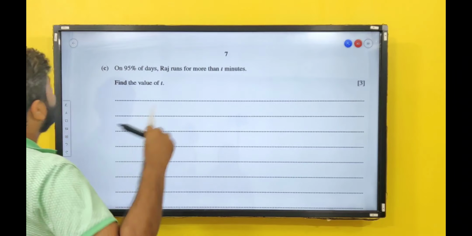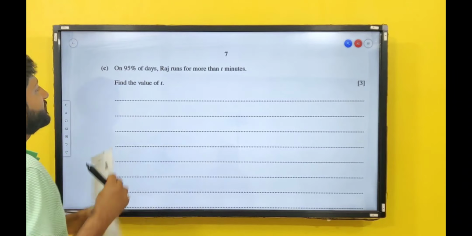Let's move to the next part of the question. On 95% of the days, Raj runs more than 10 minutes. Find the value of t. On 95% of the days means the probability is 0.95 that he runs more than 10 minutes. Now see, generally students have a problem in plotting this t.